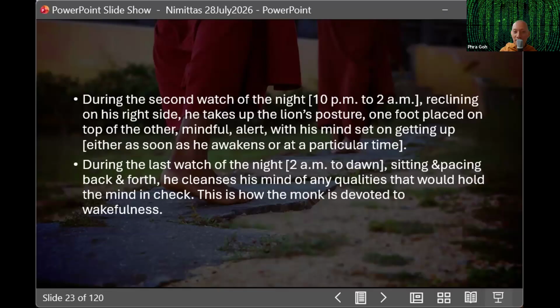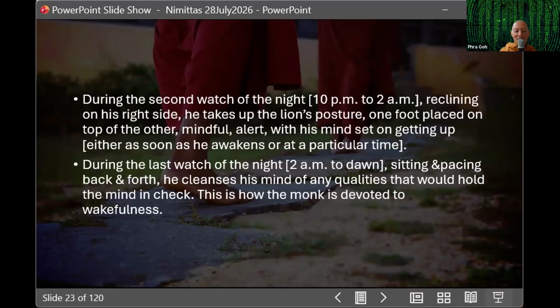Again, this is an estimated timing, because at the Buddha's time, there was no clock. So this is the time to sleep. How many hours? 10 p.m. to 2 a.m., 4 hours of sleep. So on the retreat, how many hours do you sleep? Anyway, this is just an estimate.